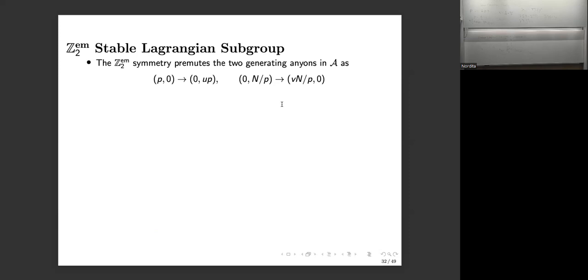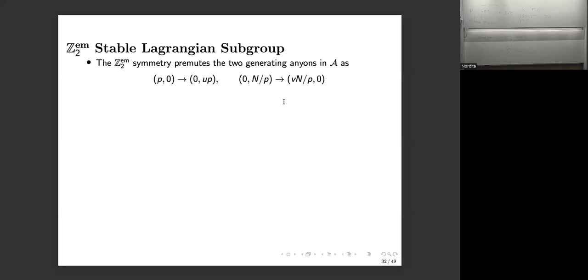So to do that, we just need to explicitly check. Starting with our Lagrangian subgroup given by a specified parameter p, we can consider how this EM symmetry acts on the anyons within the Lagrangian subgroup.